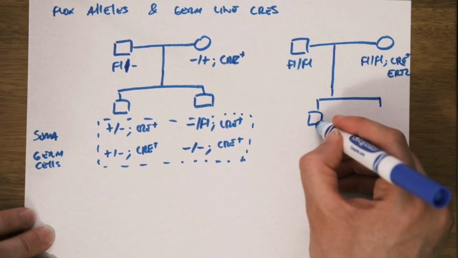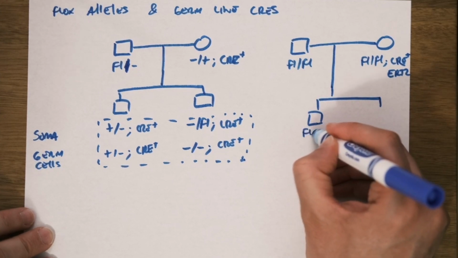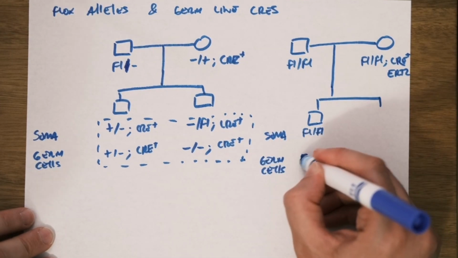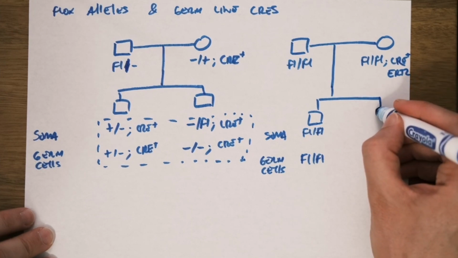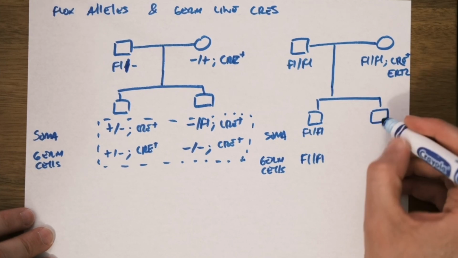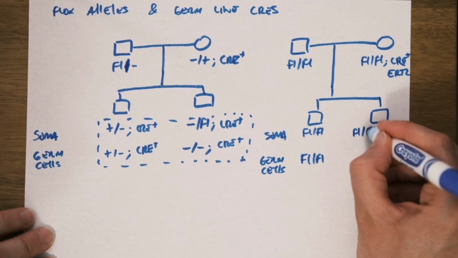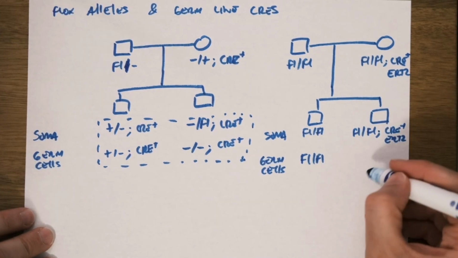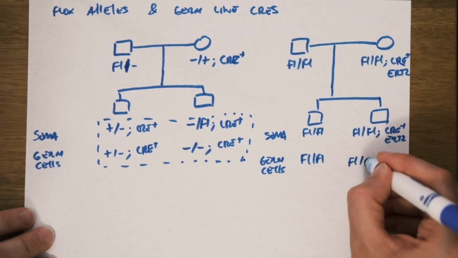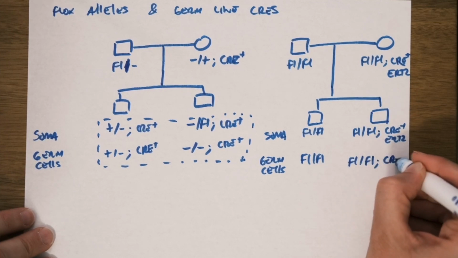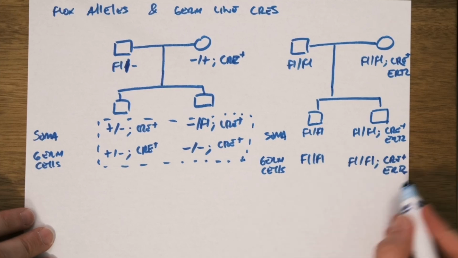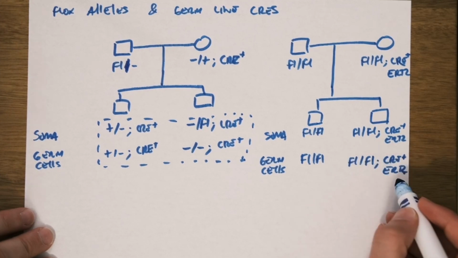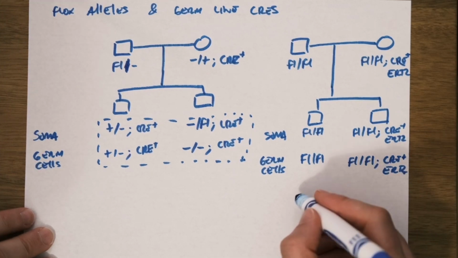You have the controls where you have the Flox alleles in the soma, and in the germ cells you have Flox as well. In the experimental you will have Flox in the soma and the Cre plus ERT2. If you don't activate the Cre, you will still have this same genotype in the germline, ERT2-Cre, and you will only have the conversion of the Flox allele if you have the Cre when you administer tamoxifen.